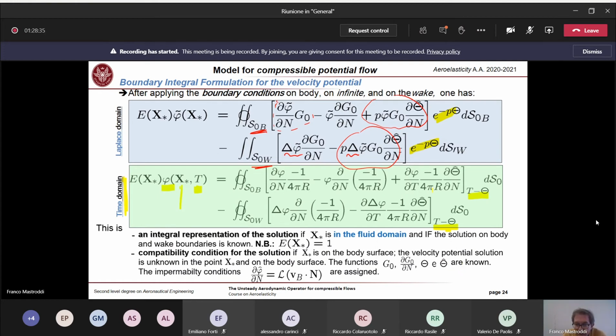Note that the time delay theta is a quantity depending on the geometry, of course. And so the solution depends only on the input in terms of boundary conditions. So we have this boundary condition input, and by the knowledge of this input boundary condition, we have the output phi.